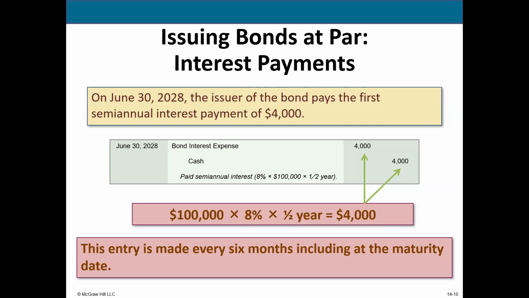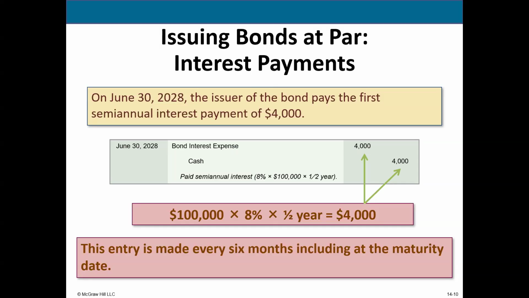You could do 0.5, you could do 1/2, you could do 6/12, whatever. It's all the same, right? So in this case, half a year, so 0.5, we can say, or you can say 6/12 or 1/2. They all equal the same.